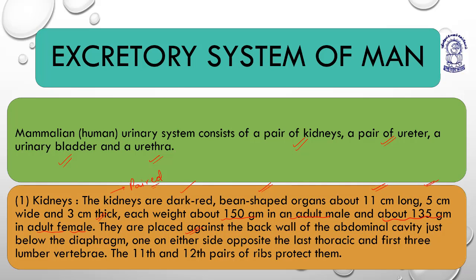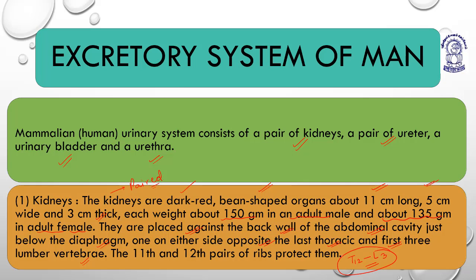They are placed against the back wall of the abdominal cavity just below the diaphragm, on either side, opposite the last thoracic and first three lumbar vertebrae, that is T12 to L3.